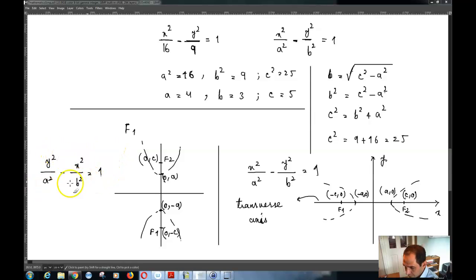So for example, in this equation, I know that a and b, these are distances. So of course a distance cannot be a negative value. I cannot just go on and for example find a negative value for a and put it in this formula. It's not going to work.